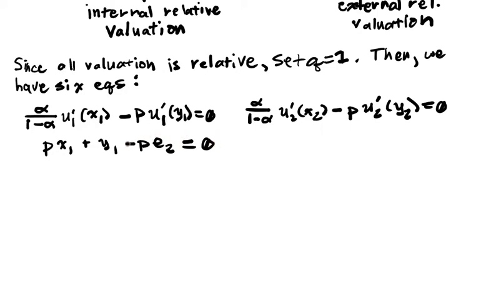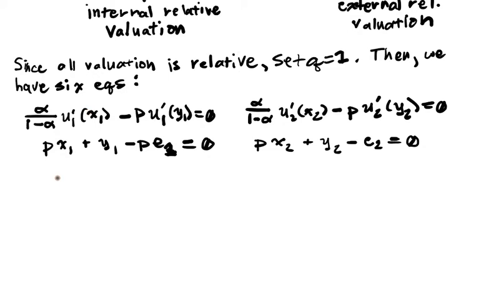The total valuation is the price of good 1, P1, times E1, the endowment that consumer 1 brings. So this is essentially the price of the goods that consumer 1 brings to the market. And the same thing for consumer 2: p x2 plus y2 minus, but now consumer 2 had good 2, so this is just E2, is equal to 0.